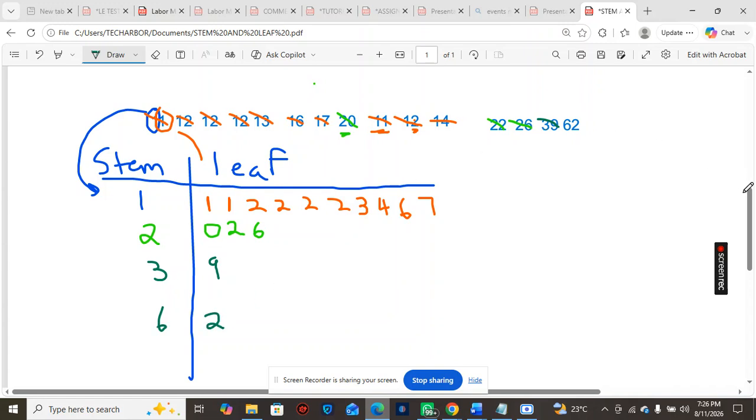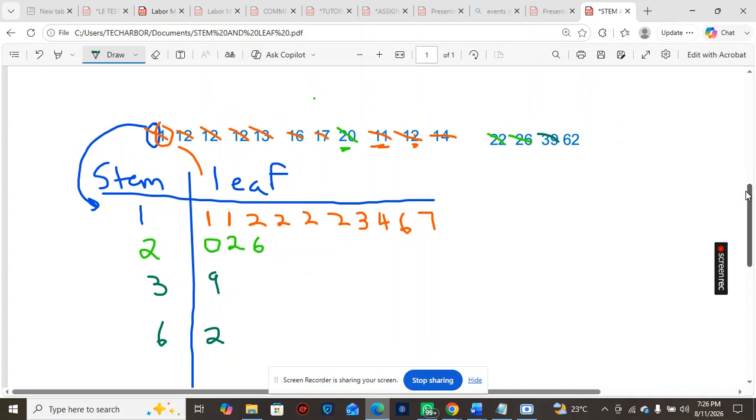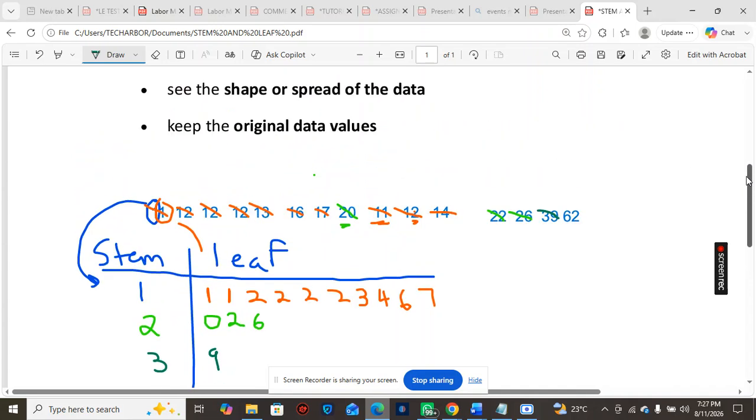So as we said, this stem and leaf tells us where most of the data values are. We can see most of the data values are in the 10 to 20 range here, the 11s, 12s, 13s. This is where most data values are.